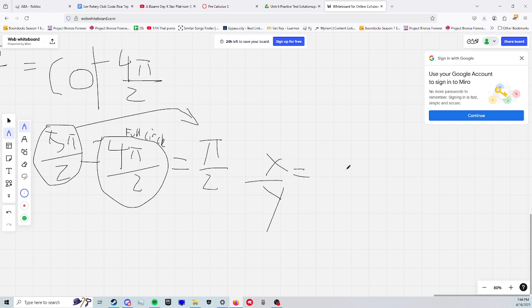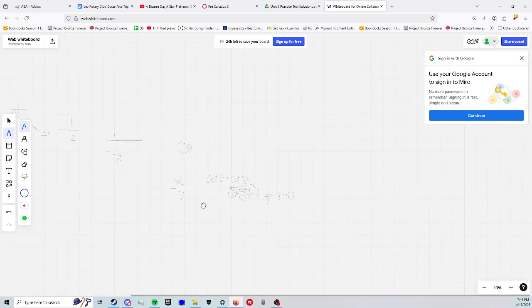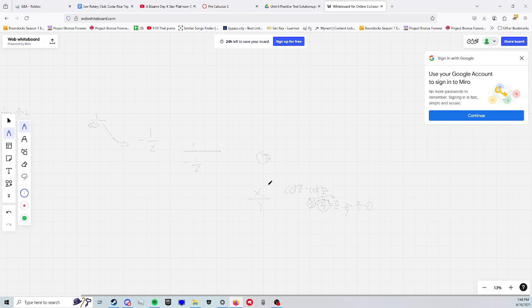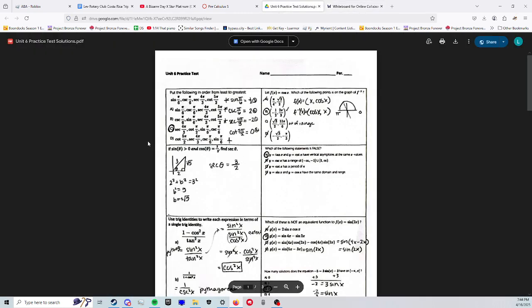So cosine of pi over 2 is 0, and sine of pi over 2 is 1. So this is 0. And then we know that C is the answer because of the minus 2 that we solved over here. Minus 2 is the smallest answer, so it would be C.